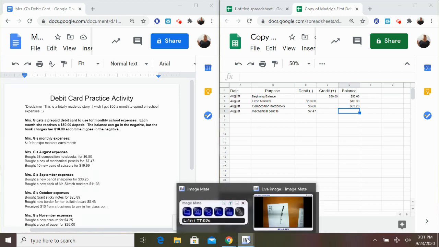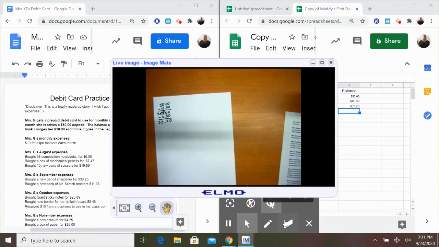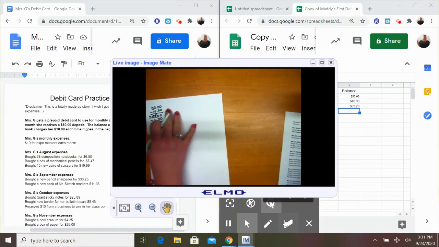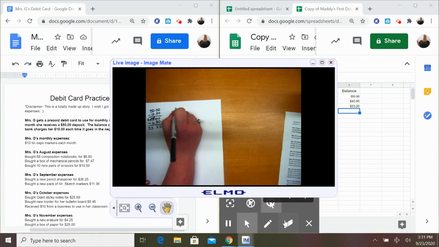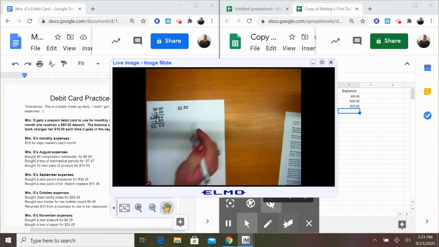Go back to my paper. So my last balance, I'm going to write it because I think it's neater if we write it like this and we can actually see what we're doing. And I spent $7.47, so that's a negative. Okay, and then I just do the math. 10 minus 7 is 3.